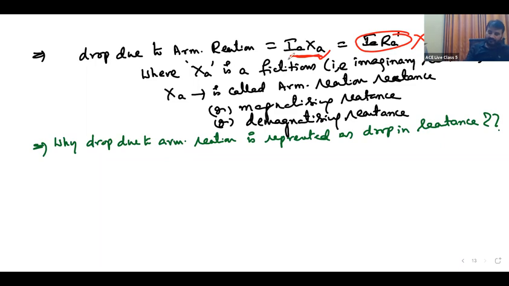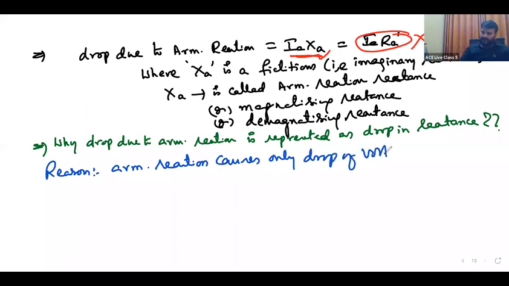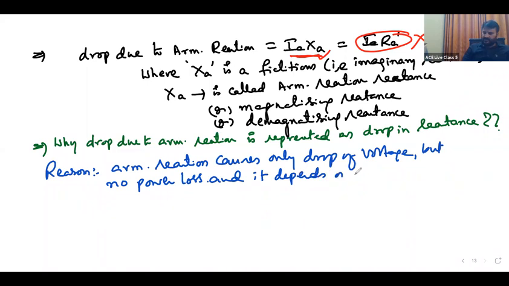The reason is, armature reaction causes only a drop of voltage, but no power loss, and it depends on the power factor of the load.